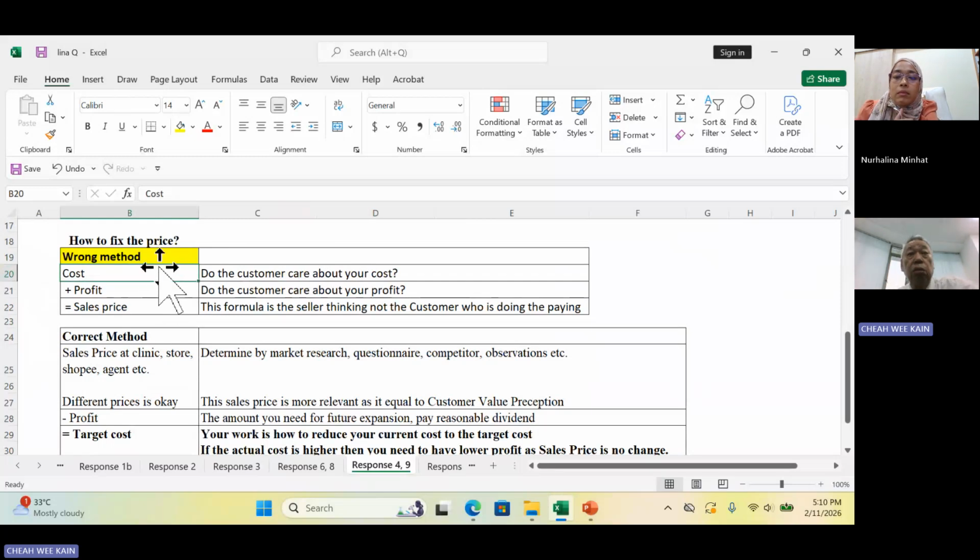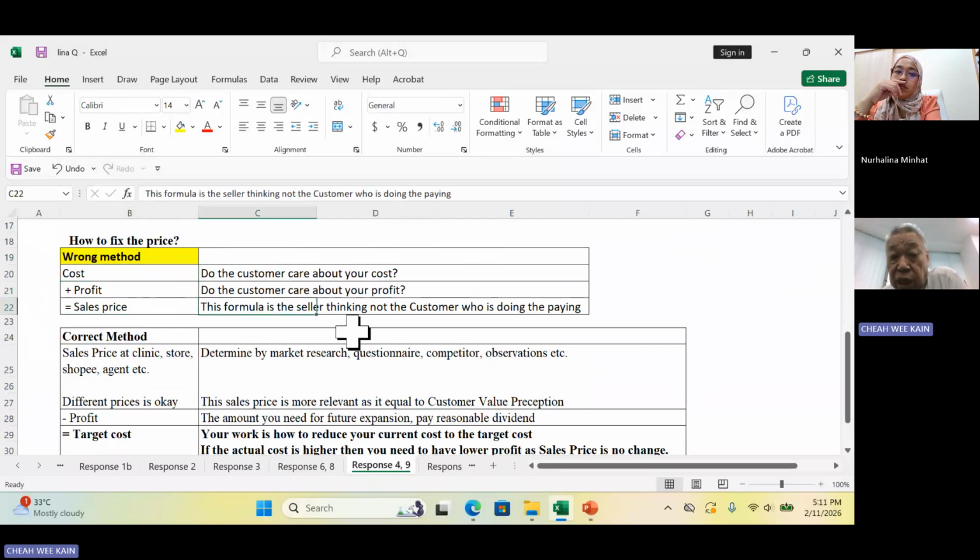Do you think about what the producer's cost is? You don't, correct? You don't care what their profit is. You only care what the selling price is. So you, the customer, are not interested in the producer's cost and profit. You only look at the price. This formula is the seller's thinking, not the customer who is doing the paying.